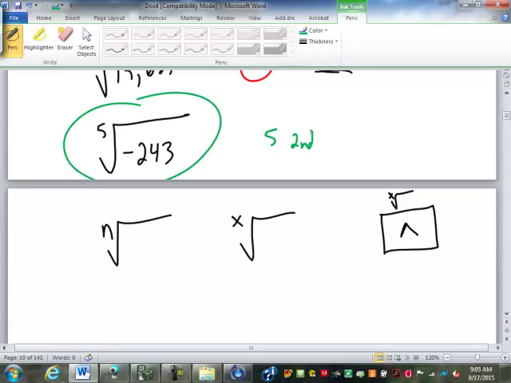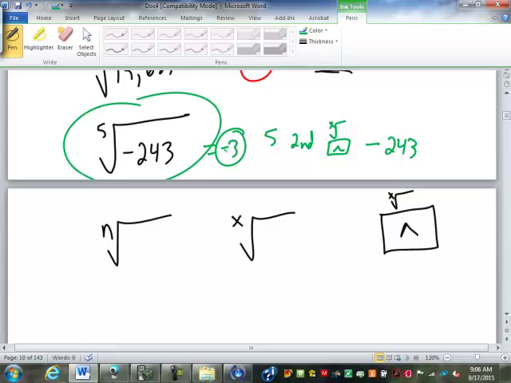Then you press second and then the caret key, which is your x root key, and then type in the negative 243. On the one-line display, I believe you do it exactly opposite. You put in the negative 243, hit the shift and the x root key, and then type in the 5. Should give you a negative 3 if you do it correctly.